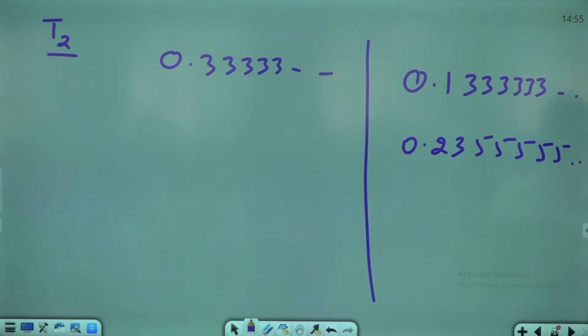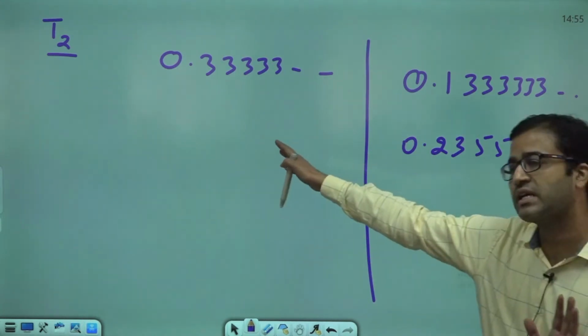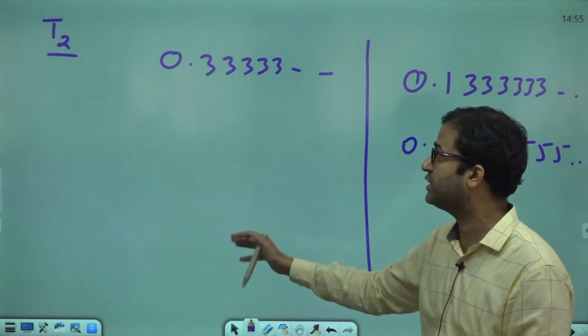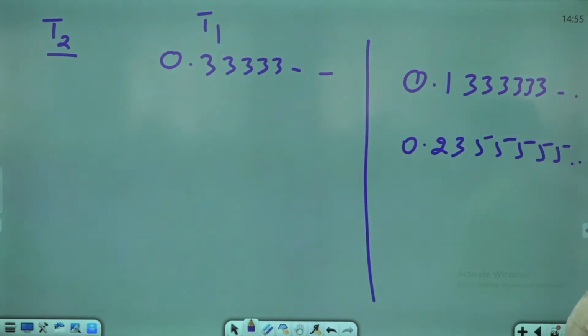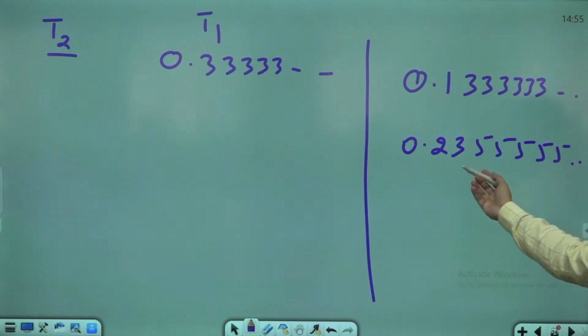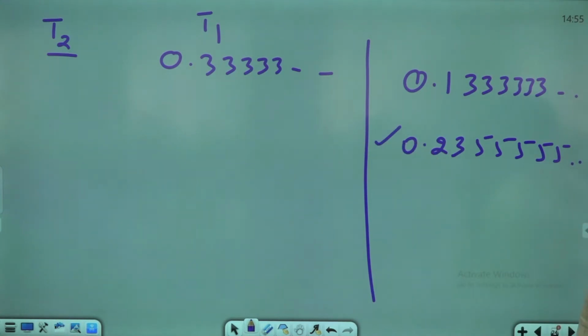Immediately after the decimal there is no repetition. In type 1, immediately after the decimal there is a repetition. In type 2 questions, after the decimal we will have some digits, maybe 1 2 5, ऐसा fix नहीं होना चाहिए. Means immediately after the decimal there is no repetition.